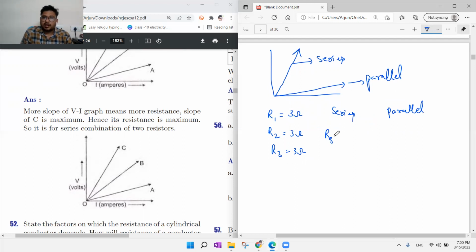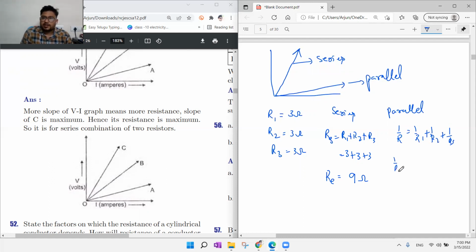R series is equal to R1 plus R2 plus R3, which is nothing but 3 plus 3 plus 3. So the R equivalent value we will get is 9 ohm. If you connect in parallel, 1 by R is equal to 1 by R1 plus 1 by R2 plus 1 by R3.